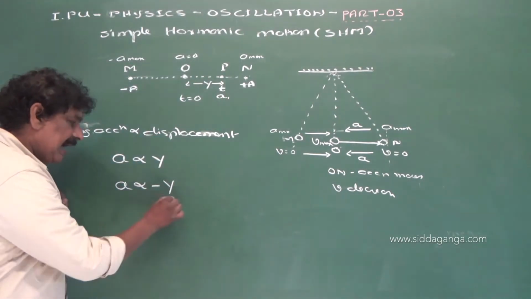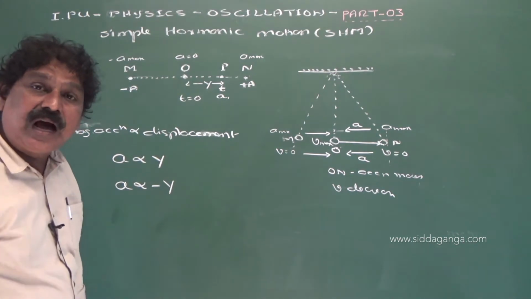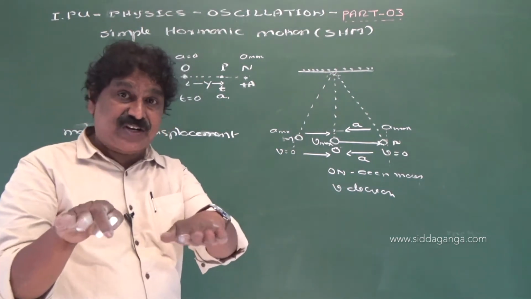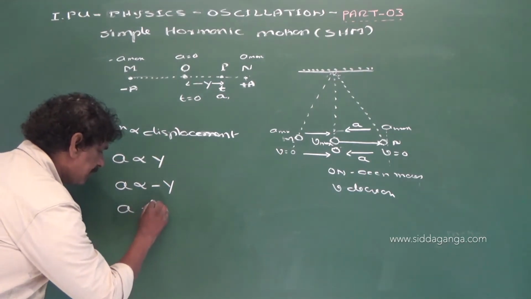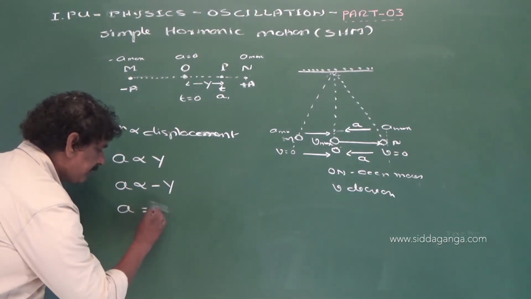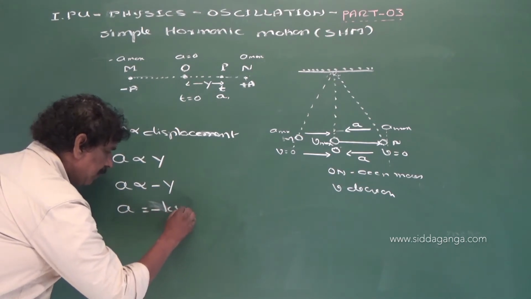That means a and y are in opposite directions, and a is equal to some constant, minus k into y.